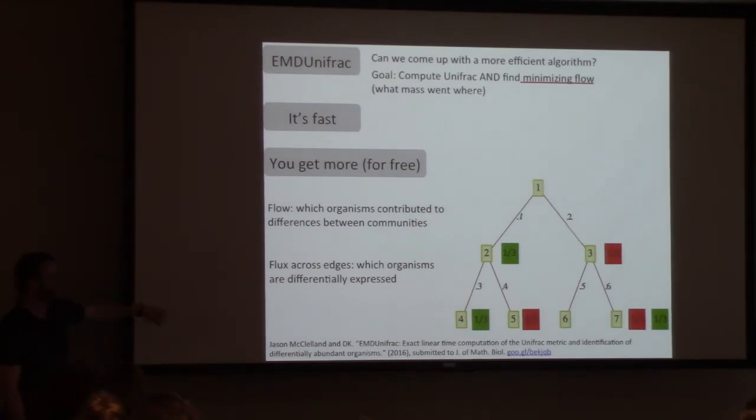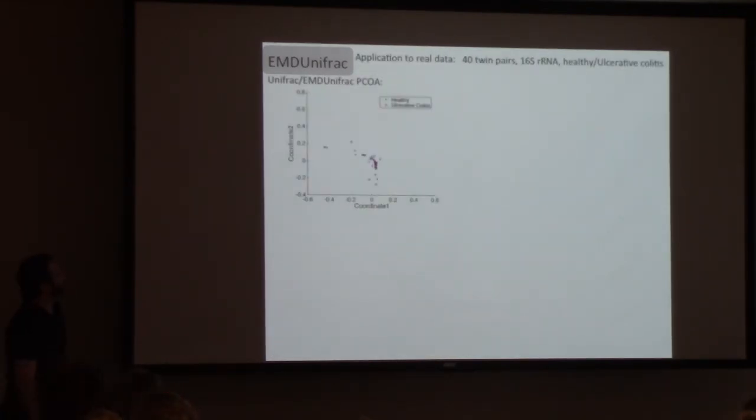Cool, okay. So here is a PCoA plot using UniFrac or EMD UniFrac. They both compute the exact same number, so it doesn't matter which one you use. This is what your PCoA plot is going to look like. The paper from which I got this data hypothesized and later showed that there is a difference between microbial communities in these two samples right here.